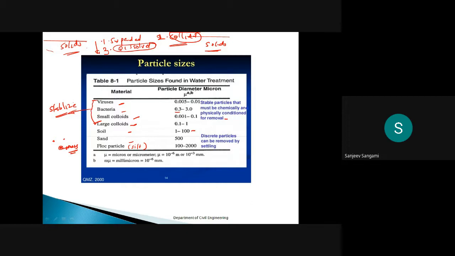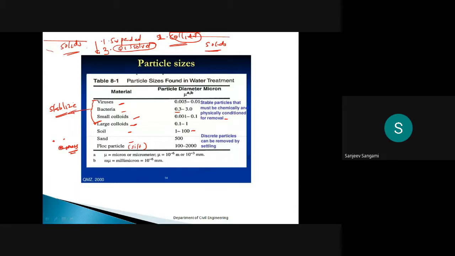For example, if 1 lakh or 2 lakh viruses are there, you make a bigger mass with the help of external agents. These external agents can be coagulants, or sometimes we use disinfectants, to increase the size of the particles.